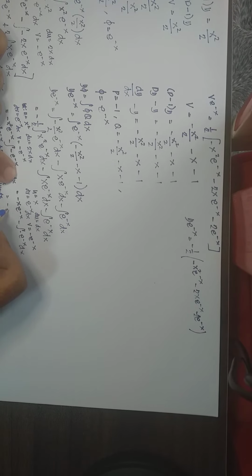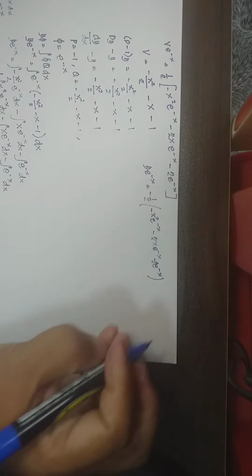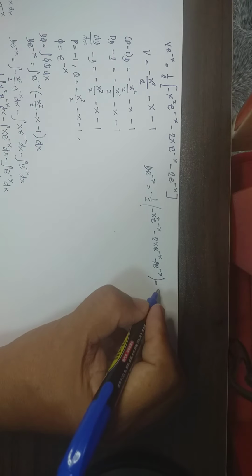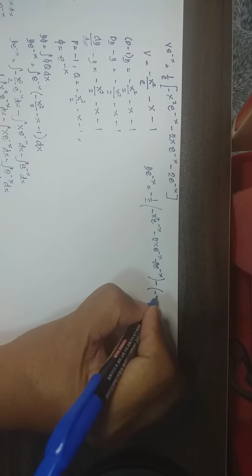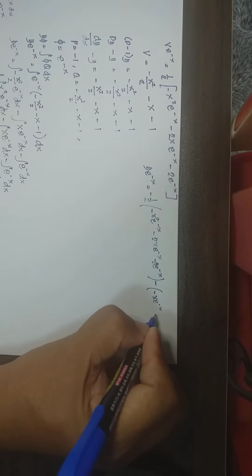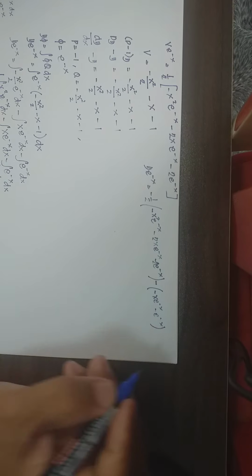Or this is negative x e to the negative x. Negative negative is negative e to the negative x. This is the integral of the second term, but that is negative times negative x e to the negative x minus e to the negative x.